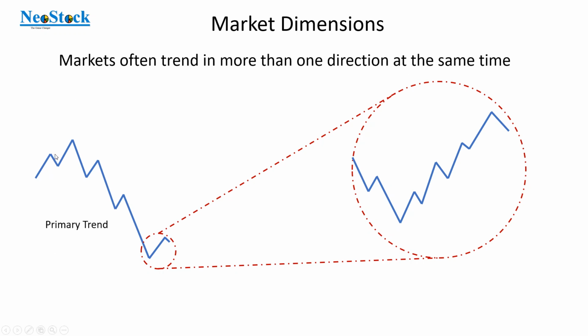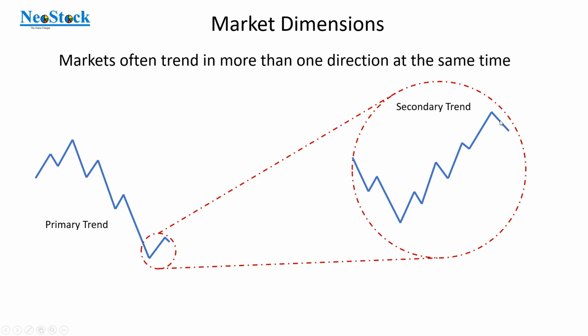Whatever chart you are seeing in its entirety, we can say the trend is the primary trend. Whatever I zoomed in on, the zoomed area, I can say is the secondary trend. So a market can have its primary trend as a downtrend but its secondary trend as an uptrend. That is possible.